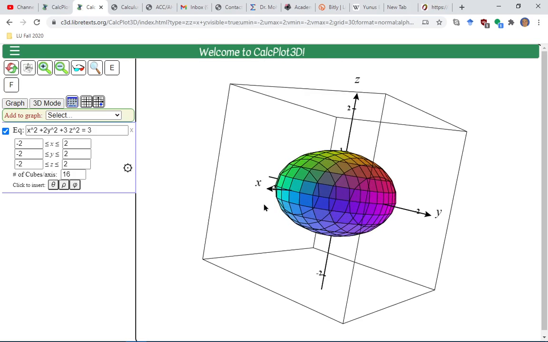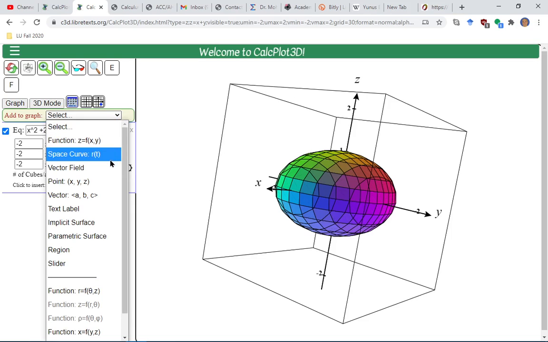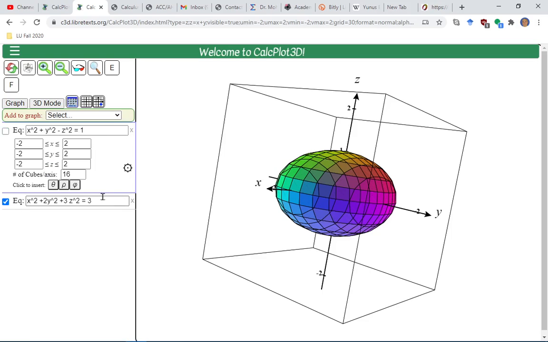So that is kind of a football shaped thing, and then the other one was a sphere, so that's also implicit. So implicit, we're going to come here and x squared plus y squared plus z squared.